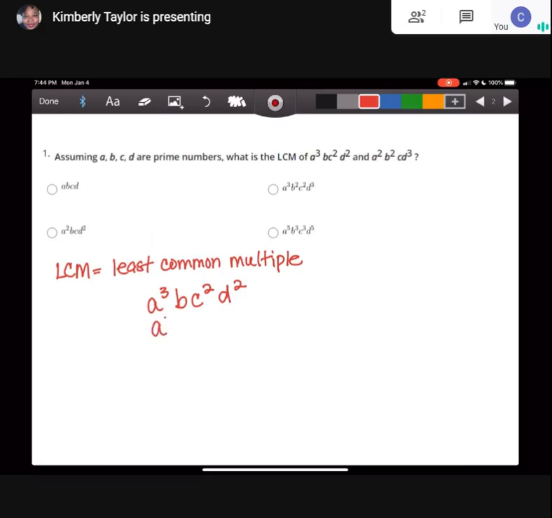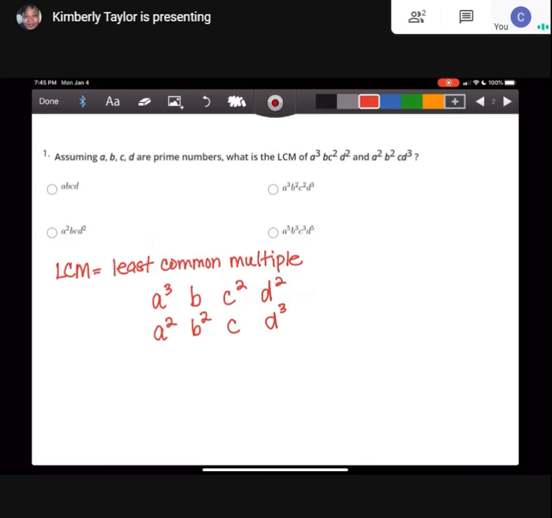Let me spread it out some more, because I want to show you an easy way of looking at it. Let's do it again. So A cubed, B, C squared, D squared. And then this one is A squared, B squared, C, and D cubed.